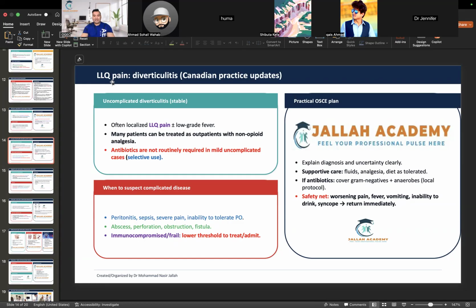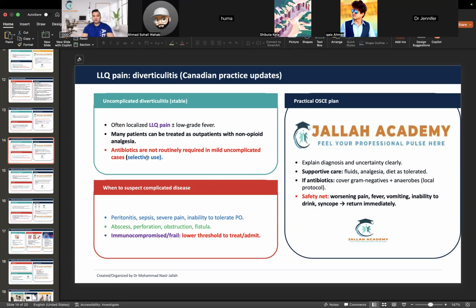Left lower quadrant pain is very commonly tested, especially diverticulitis. So often it is localized left lower quadrant pain plus low-grade fever. Many patients can be treated as outpatients with non-opioid analgesia. Antibiotics are not routinely required. Remember, the reason I put it in red is that IMGs most commonly get this question wrong.